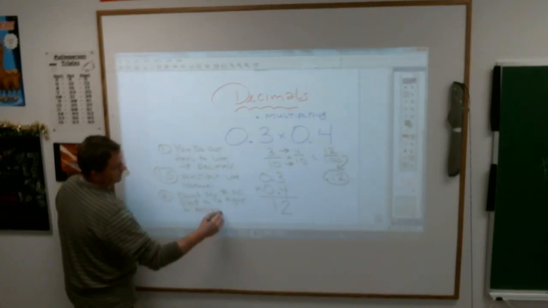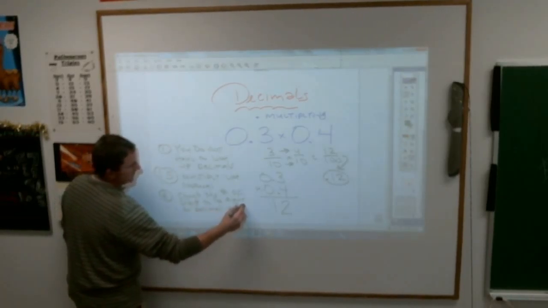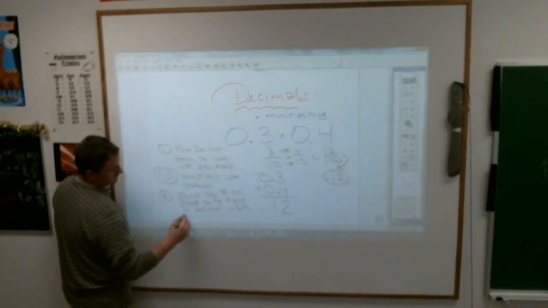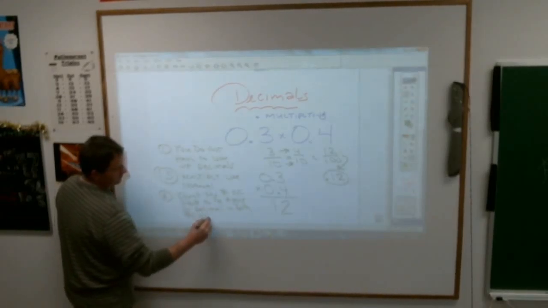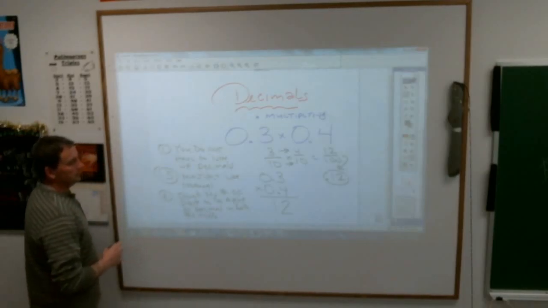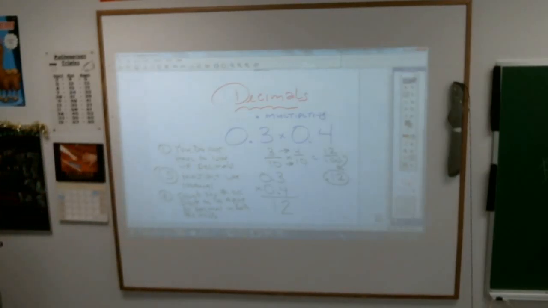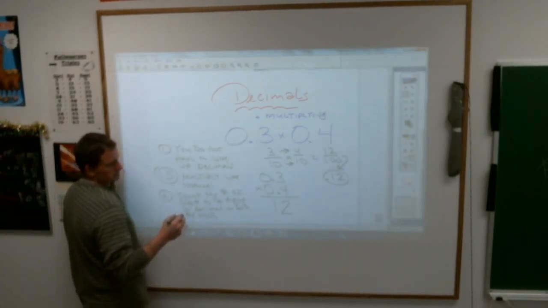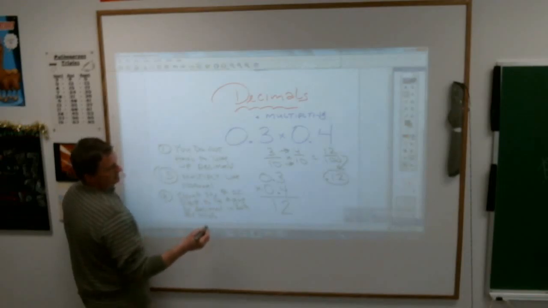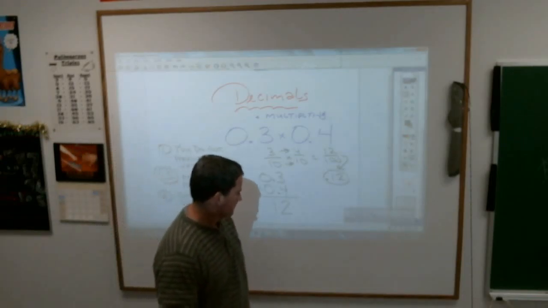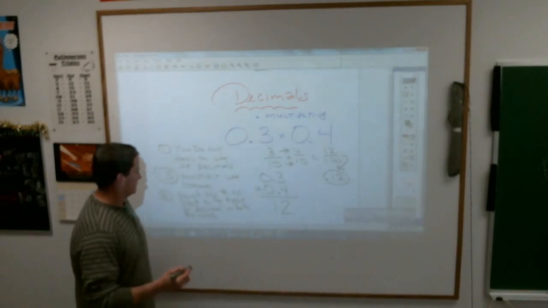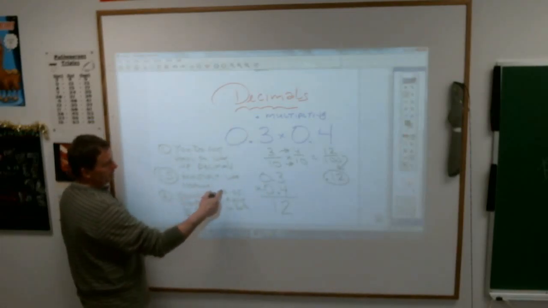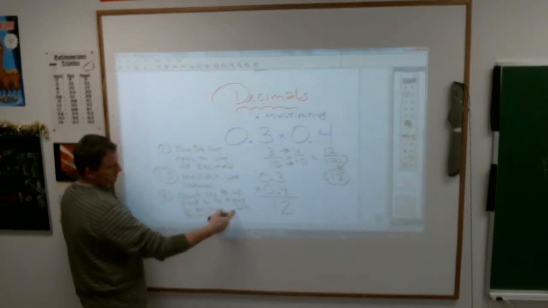Count the digits to the right of the decimal in both numbers you multiplied.